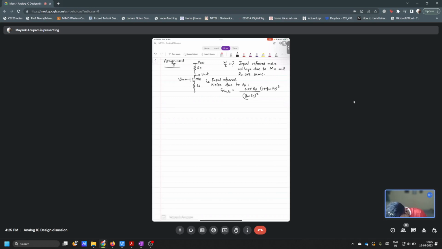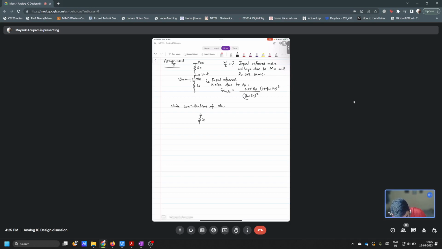Now the noise contribution of M0. How will you find out the noise contribution of M0? First you ground everything, right? All the independent sources.